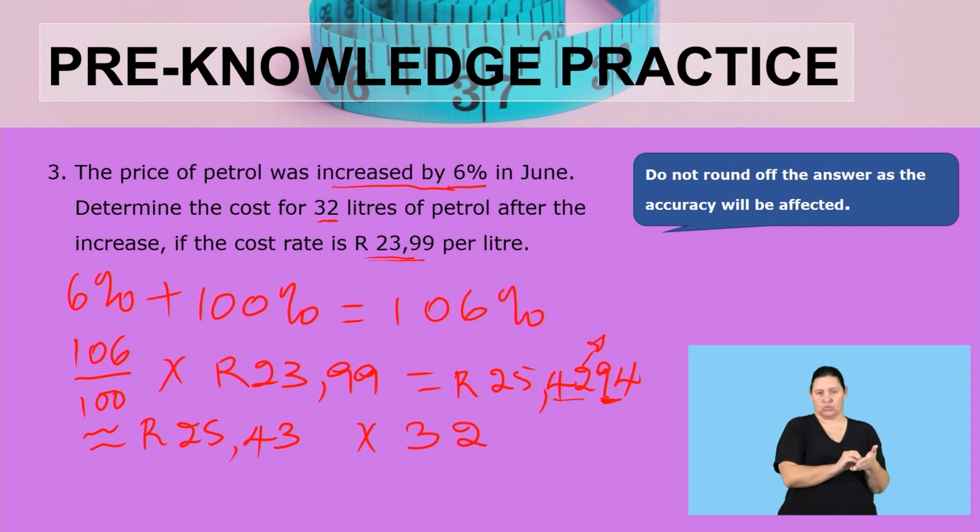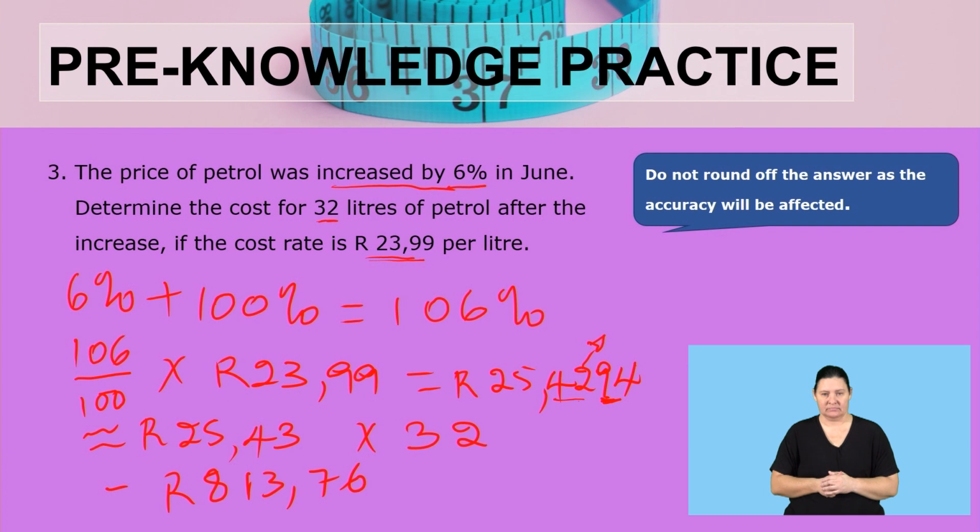So let us multiply 25 rand 43 by 32. Then the answer that I'm getting is 813 rand 76.